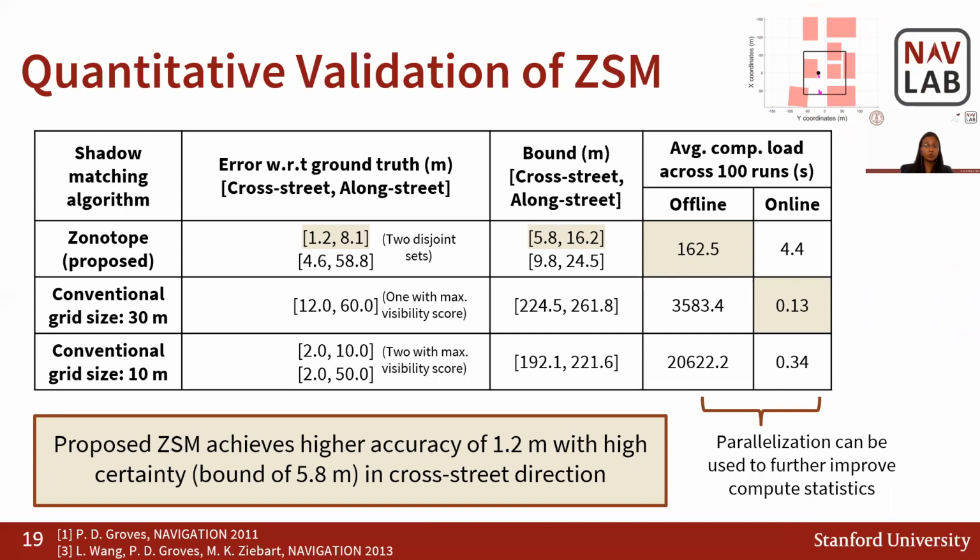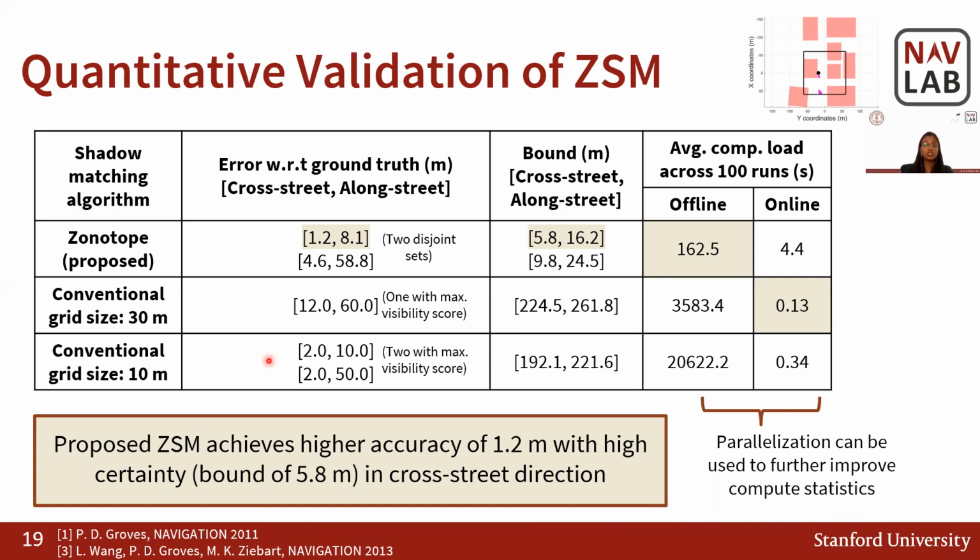For conventional shadow matching, we considered two grid sizes of 30 meters and 10 meters, where grid size of 30 meters has one candidate with maximum visibility score that showcases a cross-street accuracy of 12 meters, while the grid size of 10 meters has two candidates with maximum visibility scores that exhibit cross-street accuracy of 2 meters.